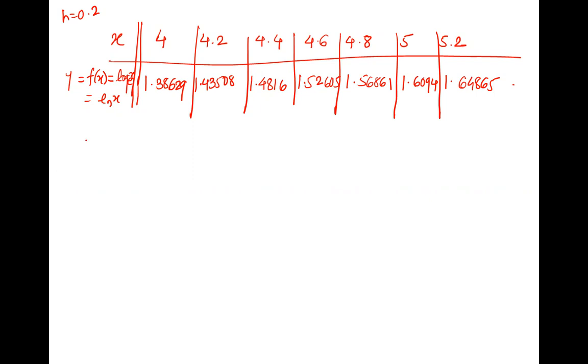So now they have asked you by all the three methods. So we go with the trapezoidal rule first. Before that, call this y0, y1, y2, y3, y4, y5, y6.